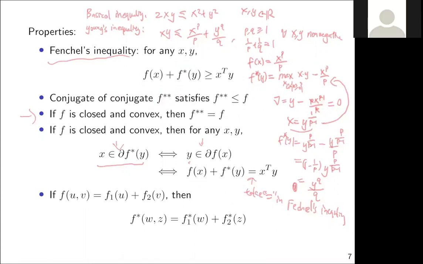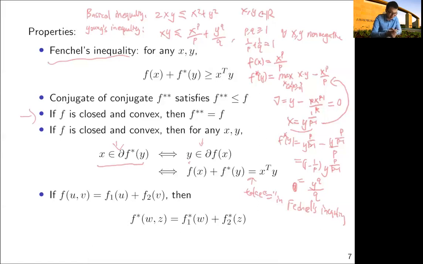For Fenchel's inequality, for any x and y in R^n, this is always true. So you can add absolute values and then sum across the coordinates. Basically, if x is a vector, this is the p-th power of the p norm, and the q-th power of the q norm, and that's something I encourage you to work out, and maybe share your findings with your classmates in the MTS.